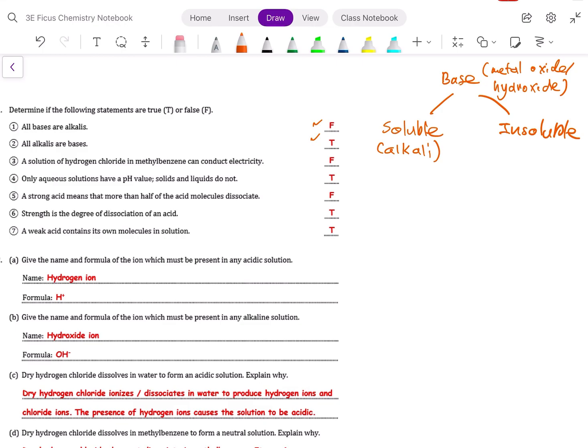Let's go on to the next questions. A solution of hydrogen chloride in methyl benzene can conduct electricity. That is false, because the solvent is not water, so it will not dissociate.